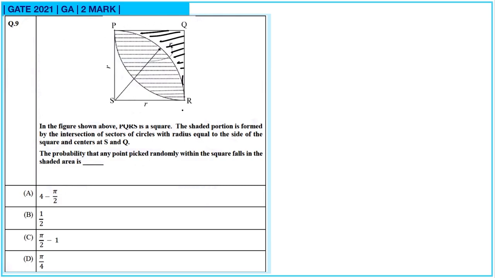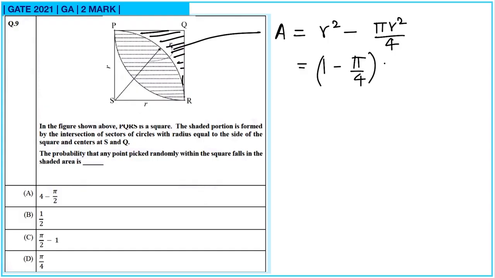This will be equal to area of that square minus area of this sector. So this area is equal to area of the square, that is r square, minus area of the sector. This part is 1/4 of a circle, so this will be pi r square by 4. So this area will be 1 minus pi by 4 into r square.